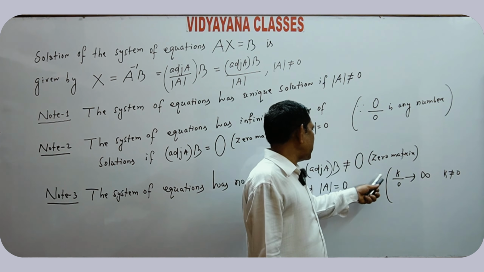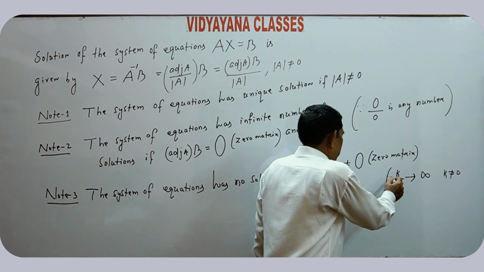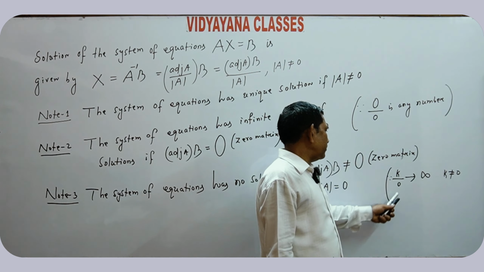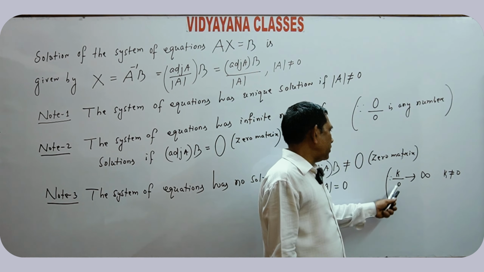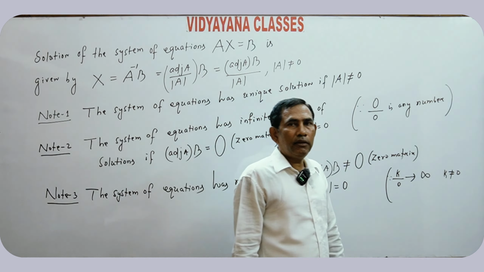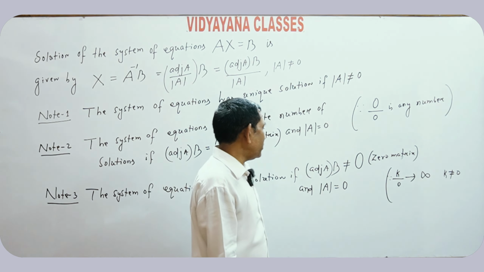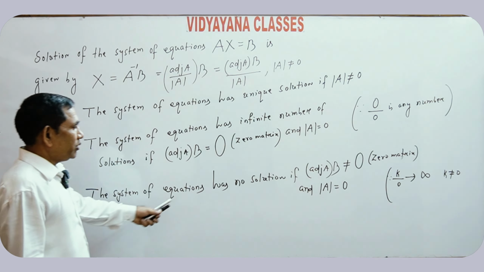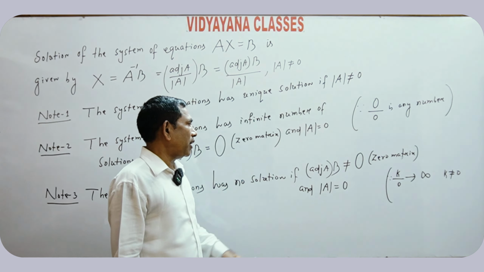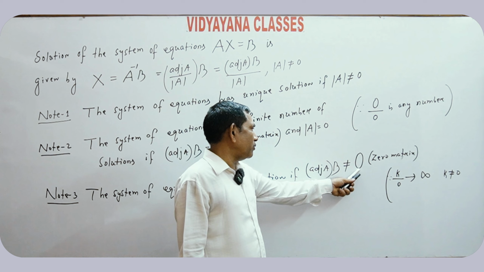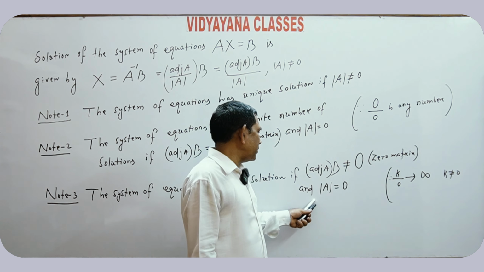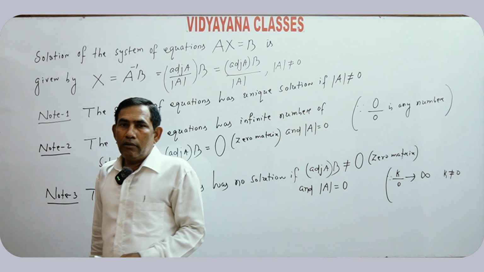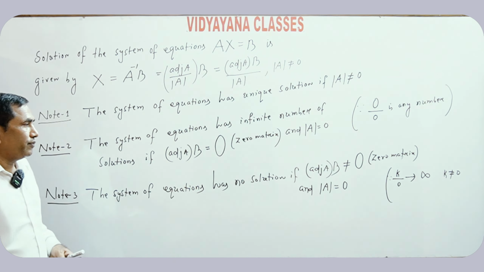That means it takes the form of K by 0, K not equal to 0, the denominator is 0, it approaches infinity. Infinity is not a solution. So the system of equations has no solution if adjoint A into B is not equal to 0 matrix, and determinant of A is equal to 0.